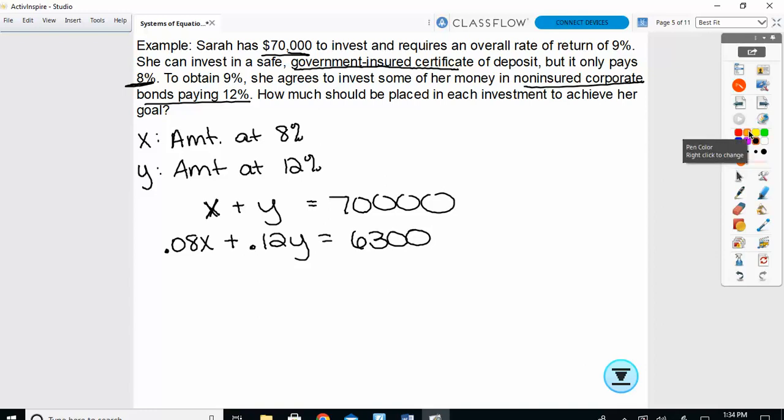So would this be better for substitution or elimination? Let's do elimination. Let's say I want to eliminate X. So I would take the first one times negative 0.08.